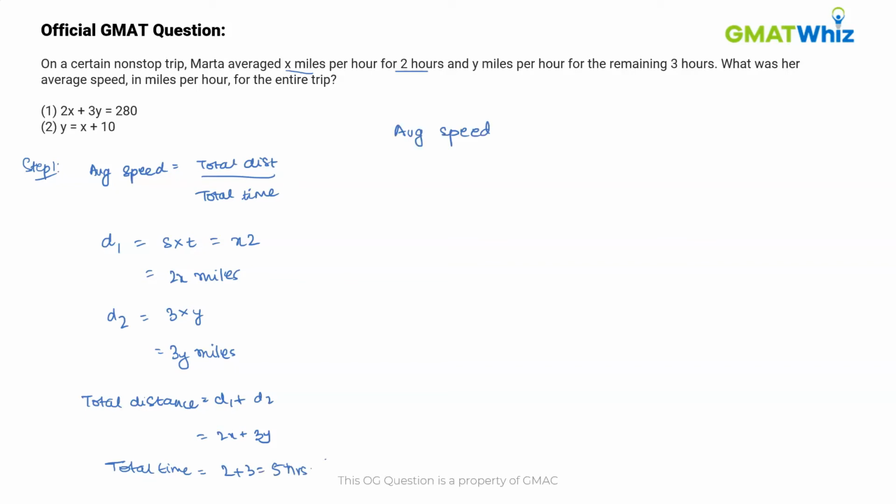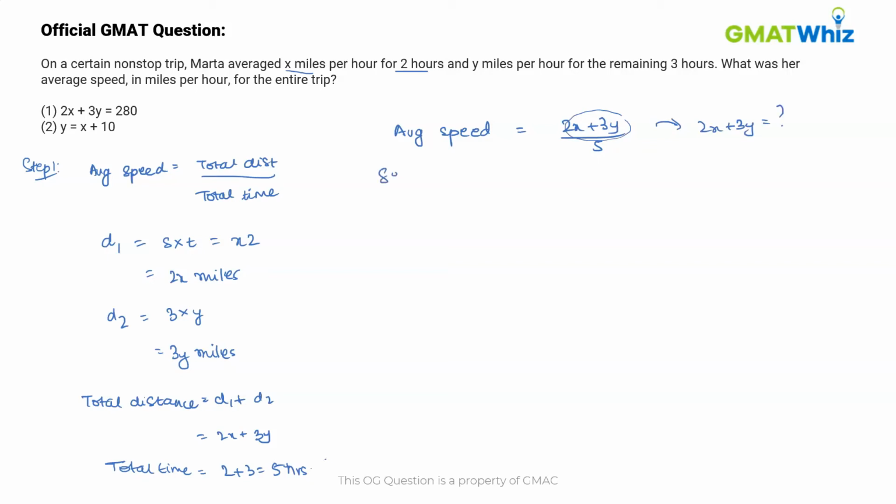Then the value of average speed reduces to the total distance, which is 2x plus 3y, divided by the total time she takes, which is 5. So to be able to find her average speed, we should know the value of 2x plus 3y. So this is the rephrased question.